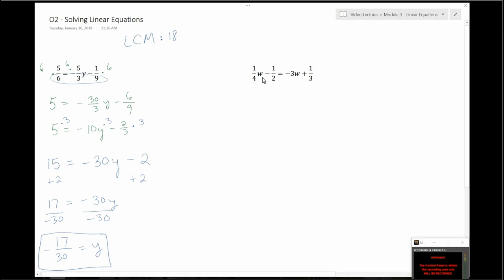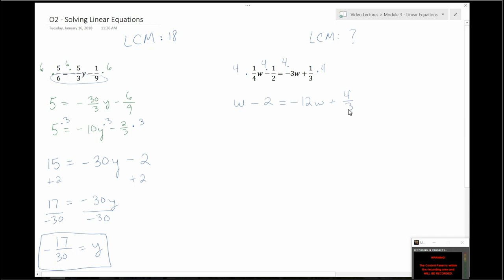So again, I could look over here for this next one and say 4, 2, 3, what is the least common multiple? Or I can just start getting rid of fractions. Like this first fraction. So I'll multiply everything by 4. Get w minus, well, 4 times negative 1/2 would be minus 2. Negative 12w plus.